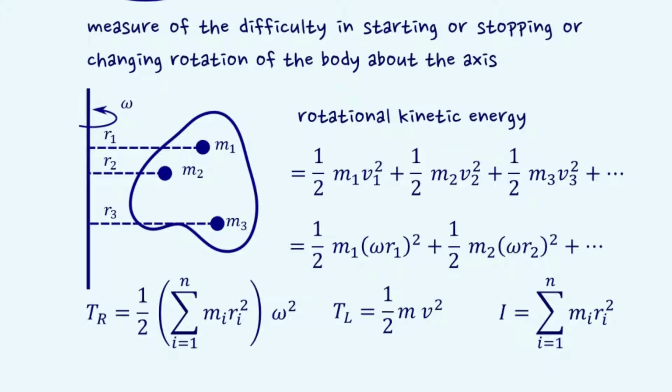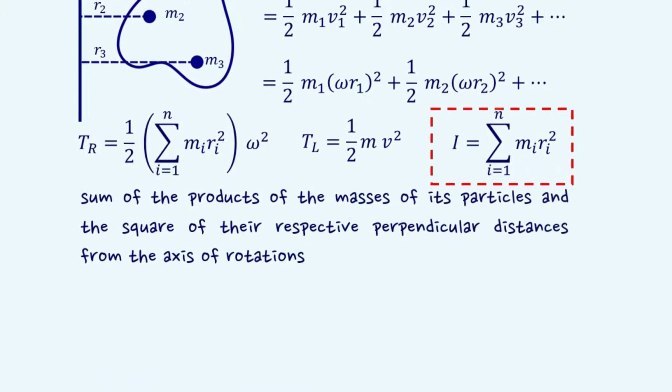If we compare this expression with the kinetic energy expression for translational motion, then it can be said that the effect of mass in translational motion is portrayed by the term sum over i equals 1 to n of m_i r_i squared in rotational motion. This term is the moment of inertia of the object.